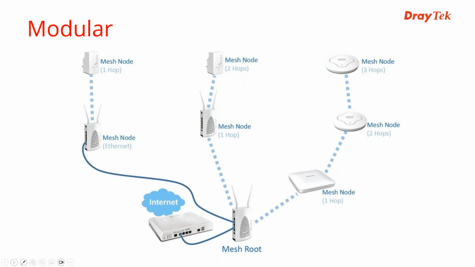With our newer models of AP, like the 962C and the 1062C, they will decide automatically whether to be the mesh node or access point. And also there is the wired uplink. They'll automatically detect if they're wired or not, and if they're wireless, they will wait to be added to the mesh network.